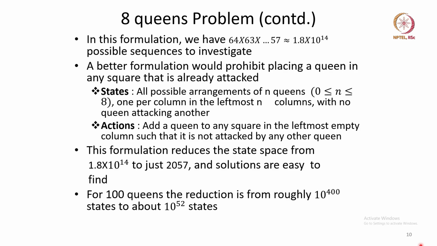So here a state would be 8 queens which are on the board, one in each column. And finally it would be 8 queens which are on the board, none attacking any other queen. So this is how we first formulate the problem. So we need to formulate it before we actually carry it out.